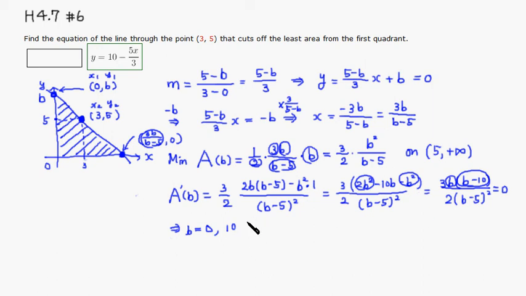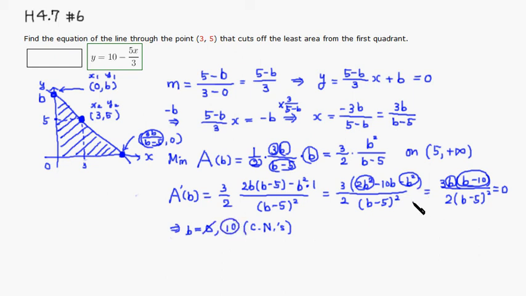So we have those two critical numbers, right? But as we said before, we're not going to consider 0 because b has to be bigger than 5, so we're not going to consider that. So 10 is the only candidate for now.